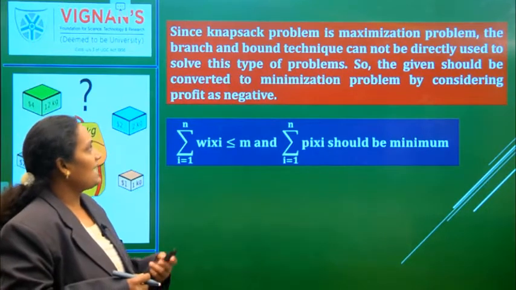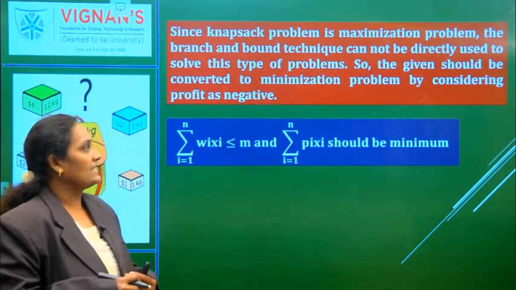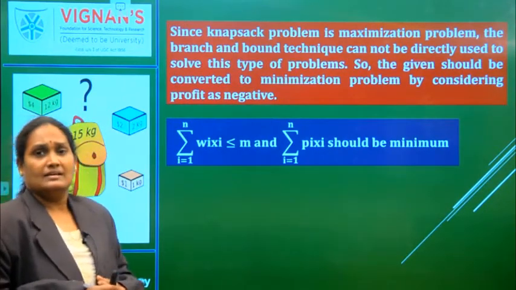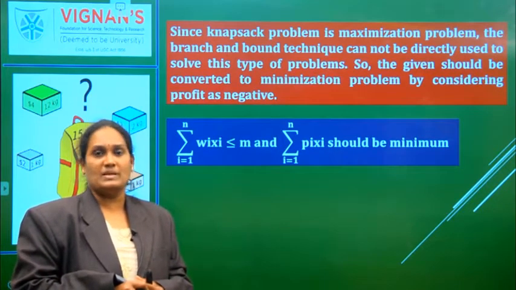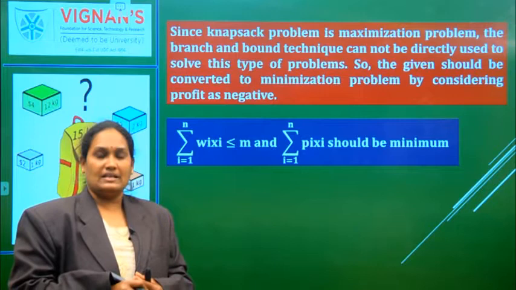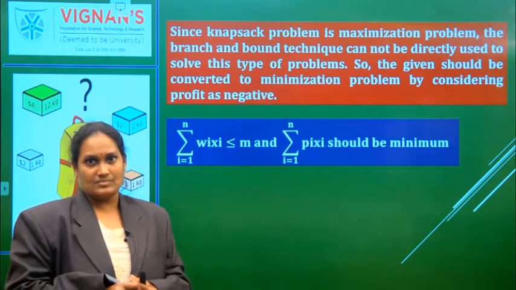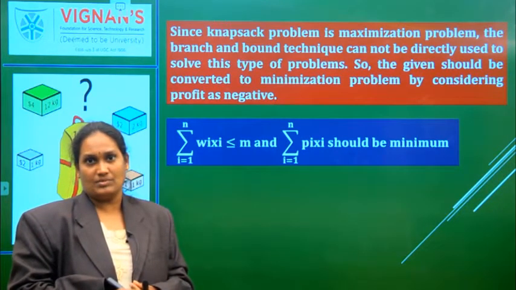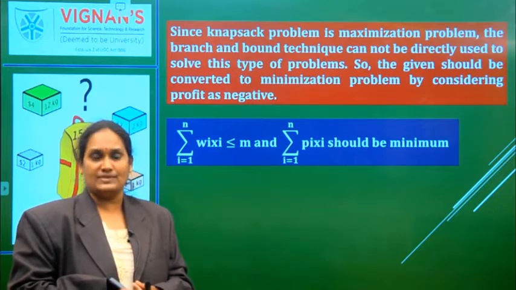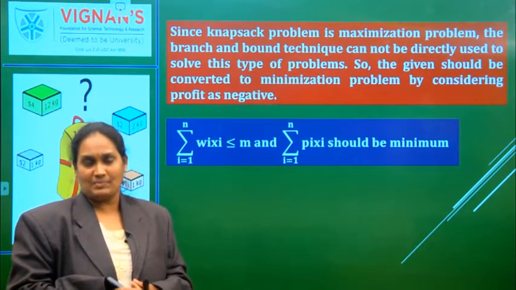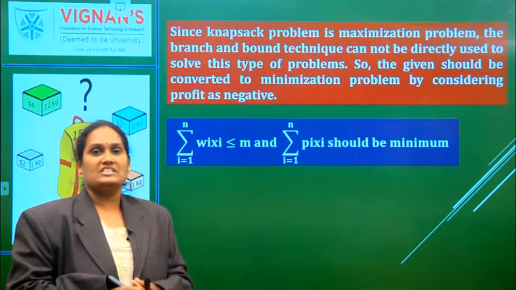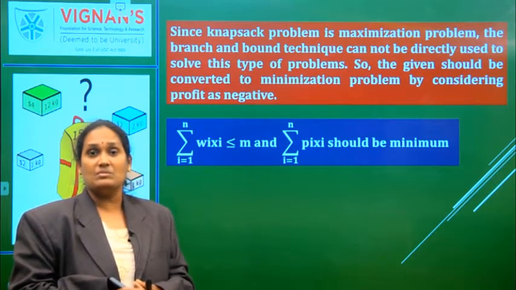The branch and bound algorithm design strategy is used to solve minimization problems. In our earlier case, the traveling salesperson problem is a minimization problem, because we find the shortest tour or shortest path that completes with the minimum cost.